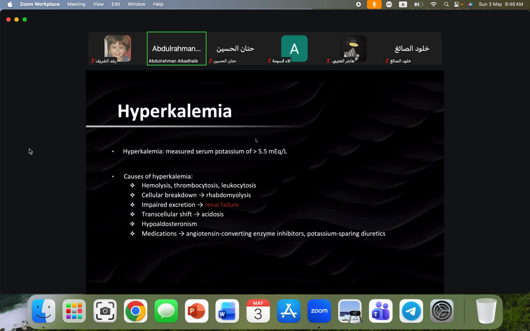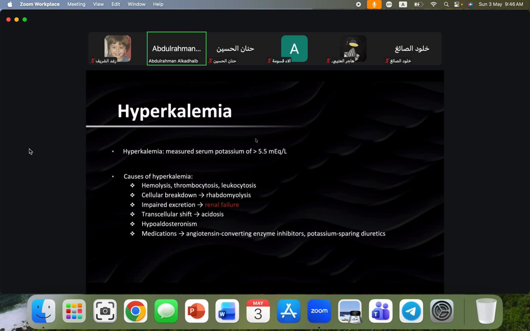We see this a lot in the emergency department, and usually, if we get another correct sample, the potassium level will actually be normal, not high. So you can say this may cause a false high potassium level.